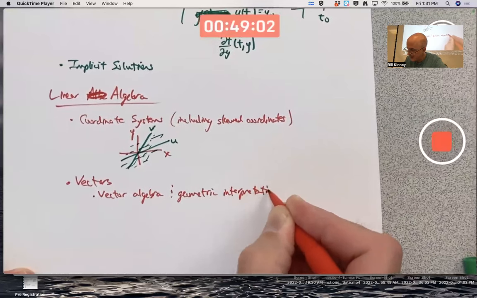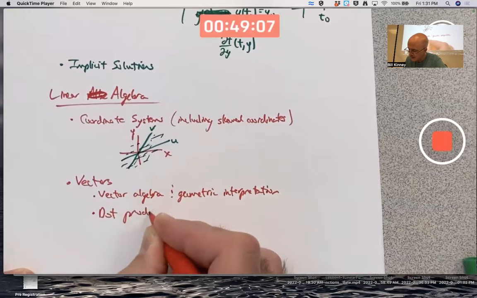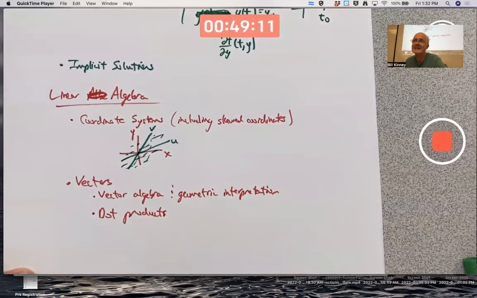Related to that, we also got into dot products, both how to compute them if you've got the components of the vector and the geometric meaning. V dot W is the length of V times the length of W times the cosine of the angle between them. It can help you figure out the angle between them if you need to.